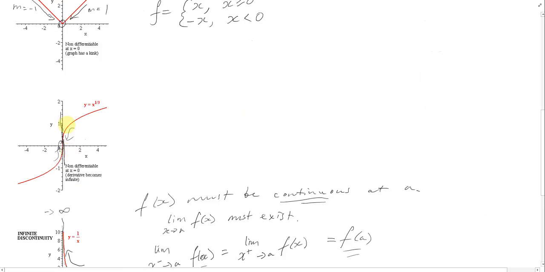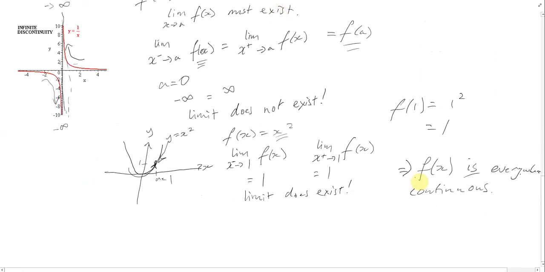In other words, the gradient is undefined. So an undefined gradient means that it's not differentiable. This is a super weird case: infinite gradient means not differentiable as well. Interesting.